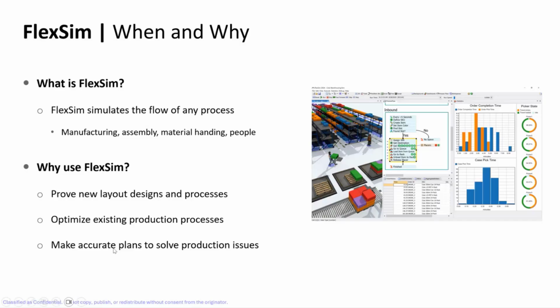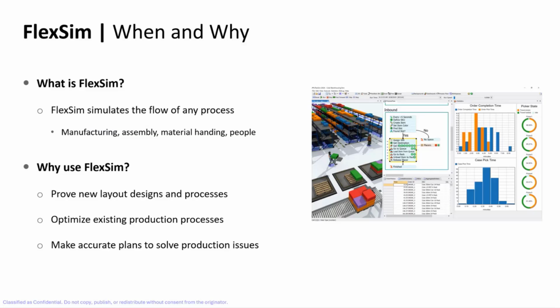Make accurate plans to solve production issues. Let's say now in real time there is some bottleneck at maybe a few stations. How do you improve that bottleneck? Instead of investing in something that you cannot optimize, you can plan and simulate first.